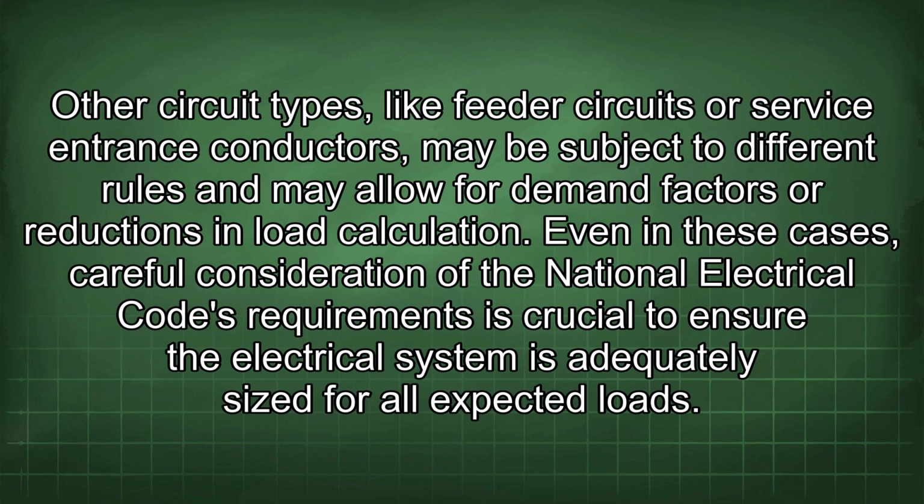Other circuit types, like feeder circuits or service entrance conductors, may be subject to different rules and may allow for demand factors or reductions in load calculation. Even in these cases, careful consideration of the National Electrical Code's requirements is crucial to ensure the electrical system is adequately sized for all expected loads.